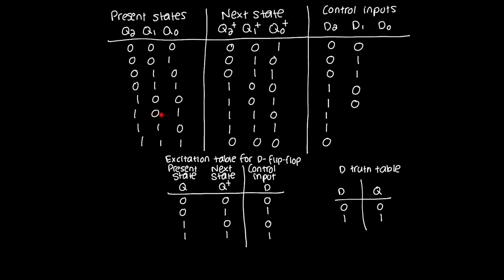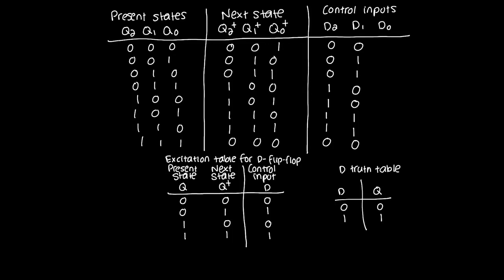Over on this row, present state is 0, next state is 1, D should be 1. And we have 2 more rows to go. So present state 1, next state 1, D should be 1. Present state 1, next state 0, D should be 0.